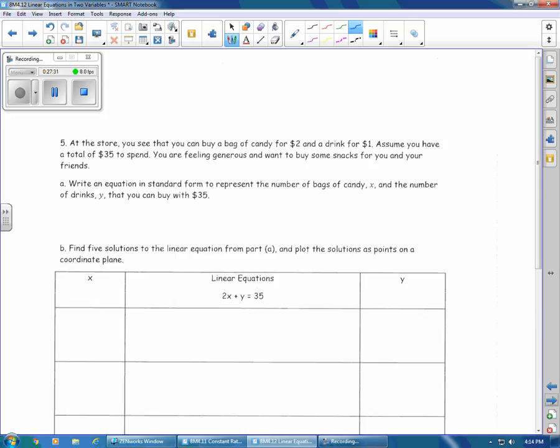Solutions can be found by fixing a number for x and solving for y, or by fixing the number for y and solving for x. Sometimes it's really easy, sometimes it's a little bit trickier. When one of your variables has a coefficient, that's the easier one to fix. And if there's a fraction, if you choose numbers that are multiples of that fraction, it does remove it, and it makes it easier to deal with whole numbers for your x and your y coordinates.